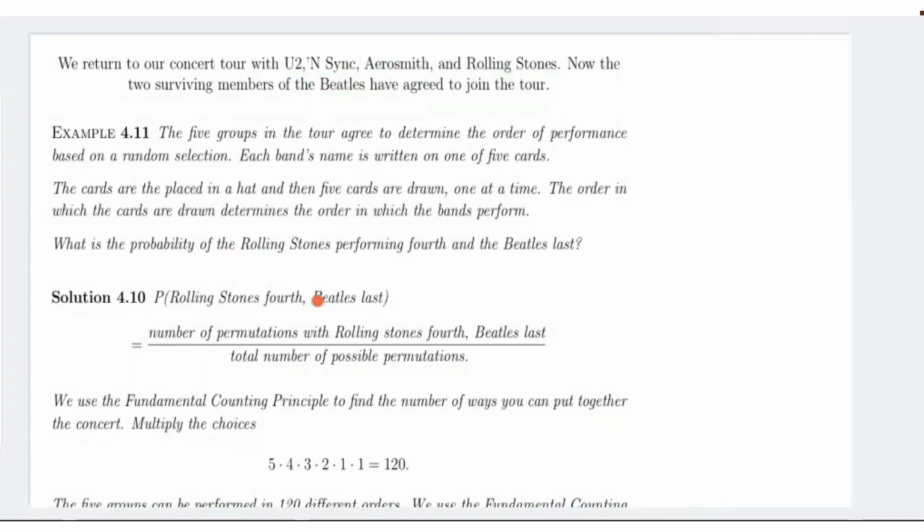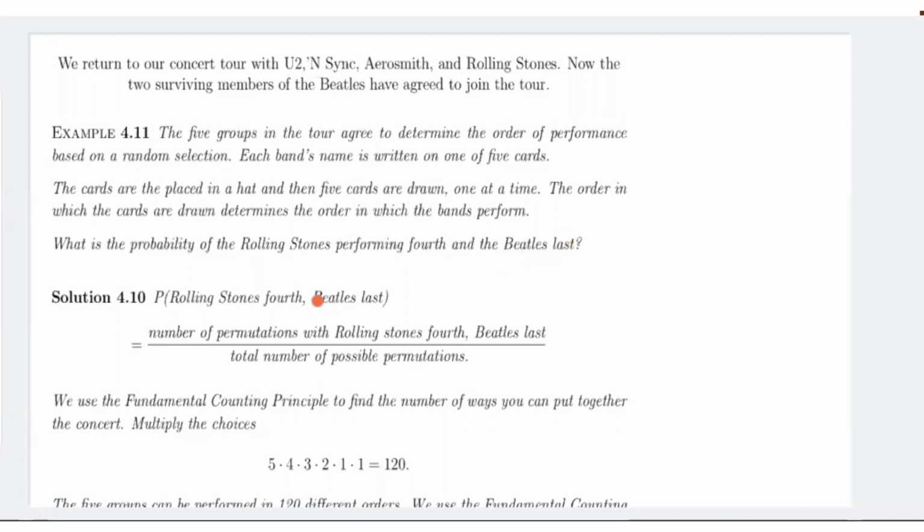The tour agreed to determine the order of performance, each band name written on 5 cards. What is the probability of Rolling Stone performing 4th and the Beatles last?